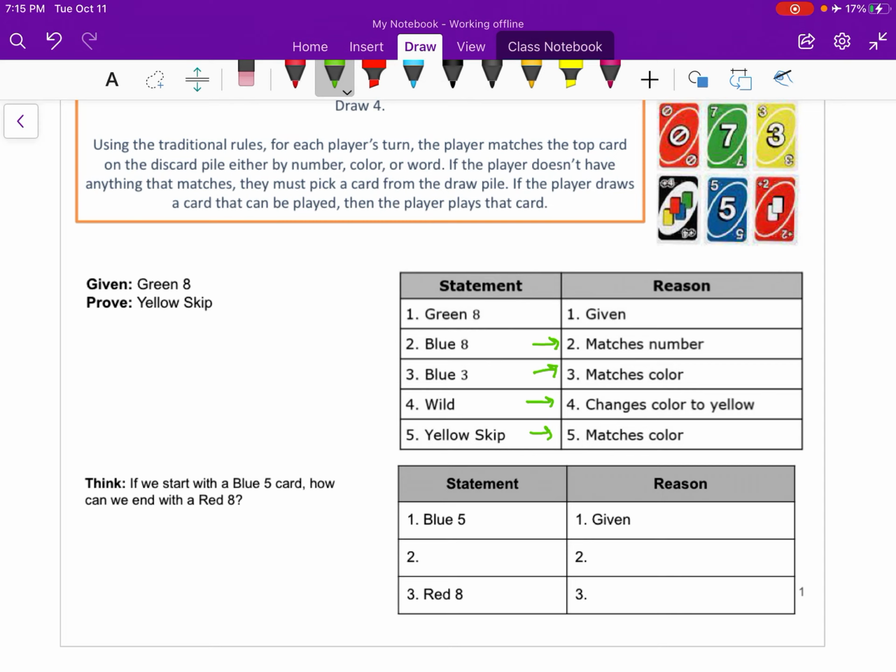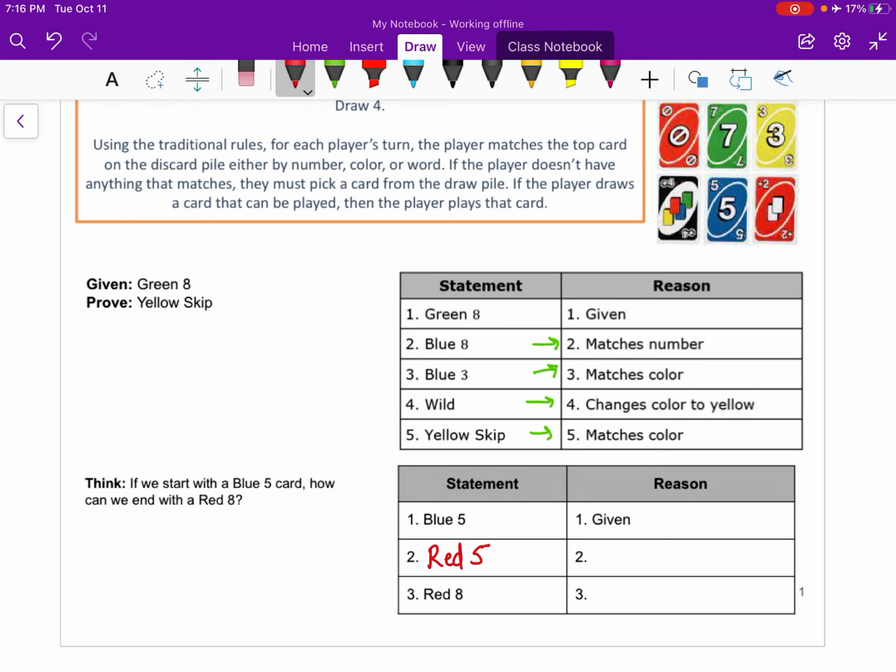This means that we have to either match the color, match the number, or change the color entirely. We have a multitude of options that we can choose that would make this proof true. One of those options is to play a red 5 card.